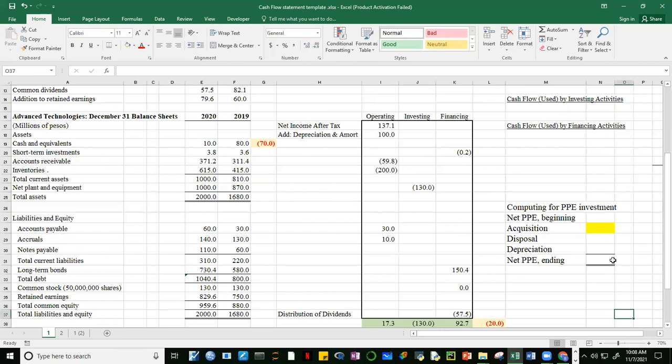So knowing that there's 0 disposal, knowing depreciation, knowing the ending, then we can solve for the acquisition. So let's fill this up. Sorry about that. PPE beginning, what was the beginning? 870. Let me just copy the format.